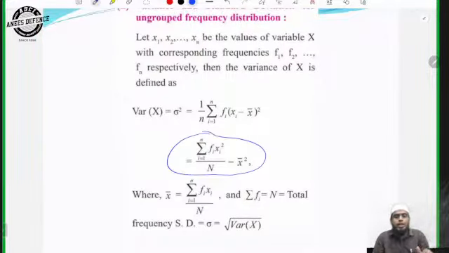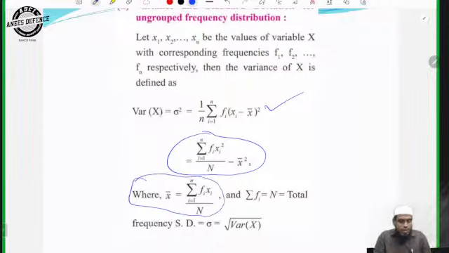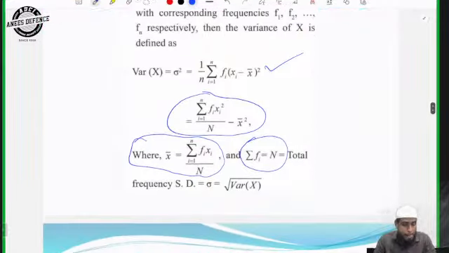That is also obtained from the base formula only. By simplifying that, you will be able to get this value, where x bar represents the mean value and n represents the cumulative frequency, or sum of all individual frequencies. That is for ungrouped frequency distribution.